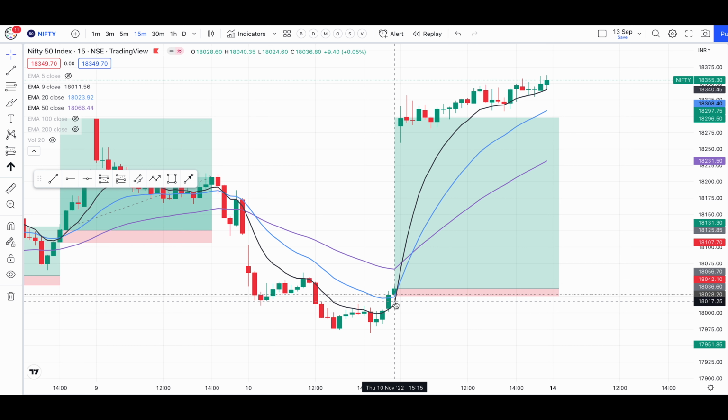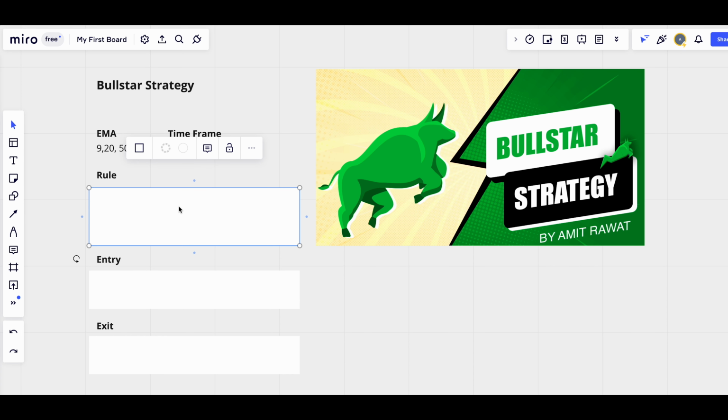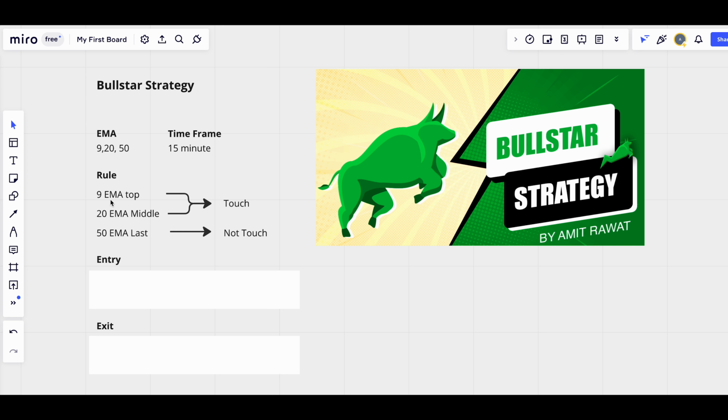The 9 EMA will always be on the top, and in the middle will be your 20 EMA. I have also mentioned that over here. So you have to use three indicators: 9 EMA, 20 EMA, 50 EMA. The 9 EMA should be on the top, the 20 EMA in the middle, and the last will be the 50.